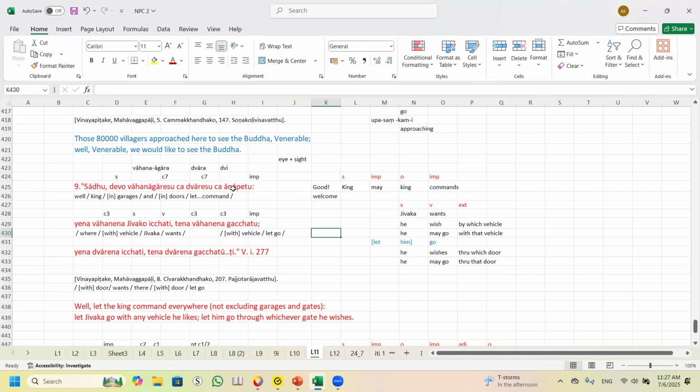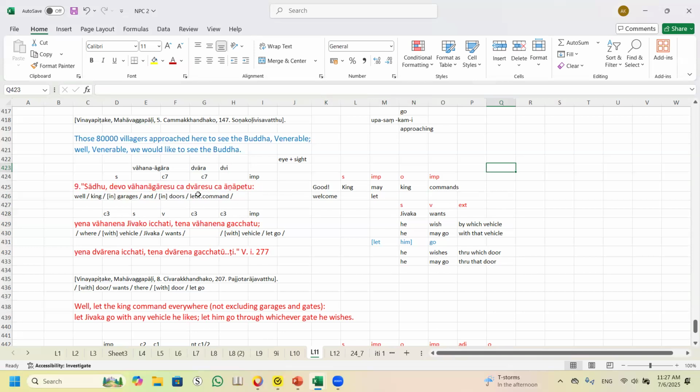So if you use may, it is may the king command, or let the king command. It's still the same. So this imperative normally will be in this form, with the object in between, referring to the king: may the king command. So you don't have to say this at the label. Command, all right.